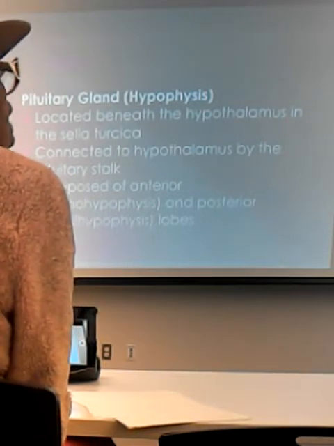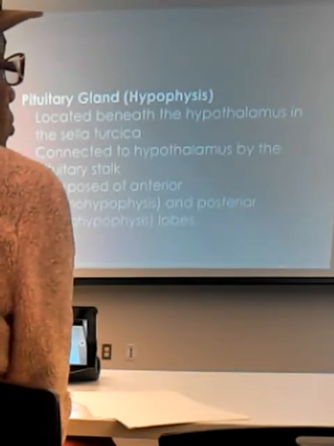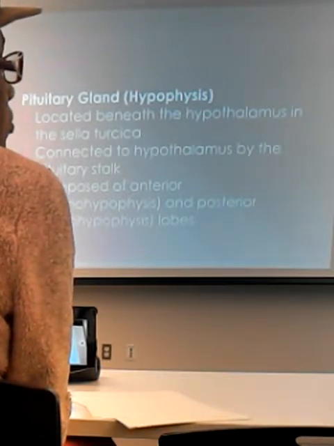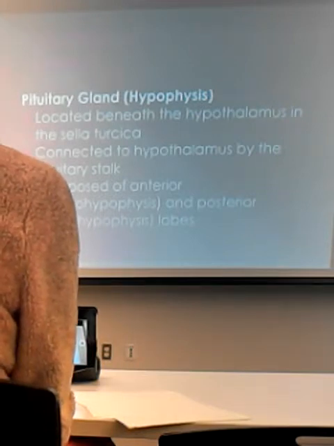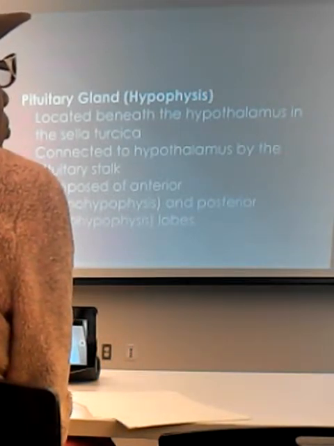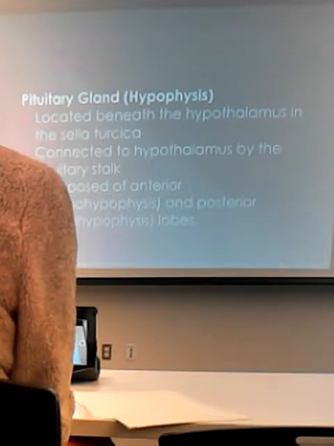The hypothalamus makes releasing and inhibiting factors that go through the capillary bed that connects the hypothalamus with the adenohypophysis, and those releasing or inhibiting factors either say anterior pituitary, make and release, or don't. Does that make sense to you guys?